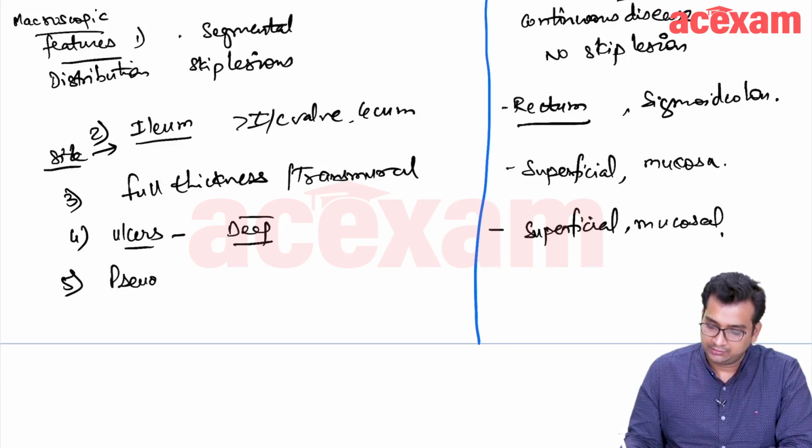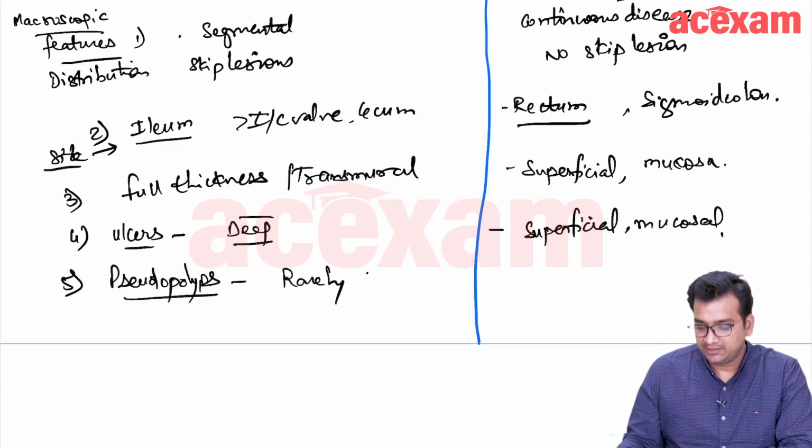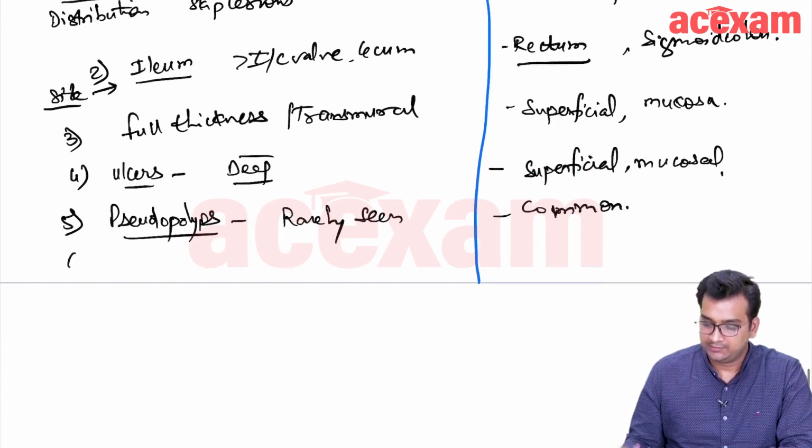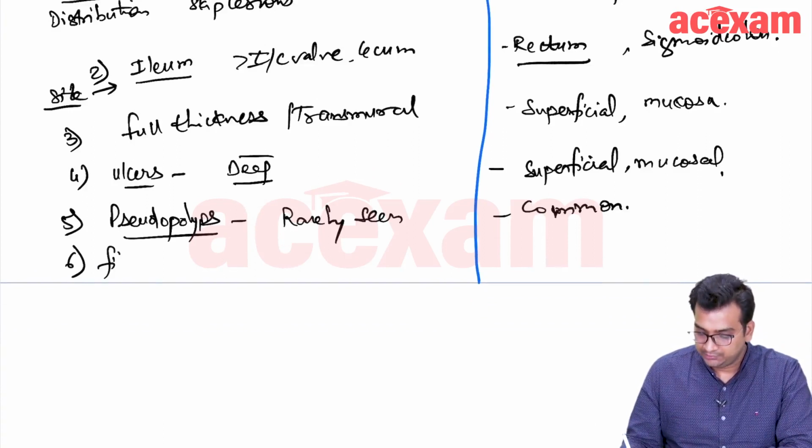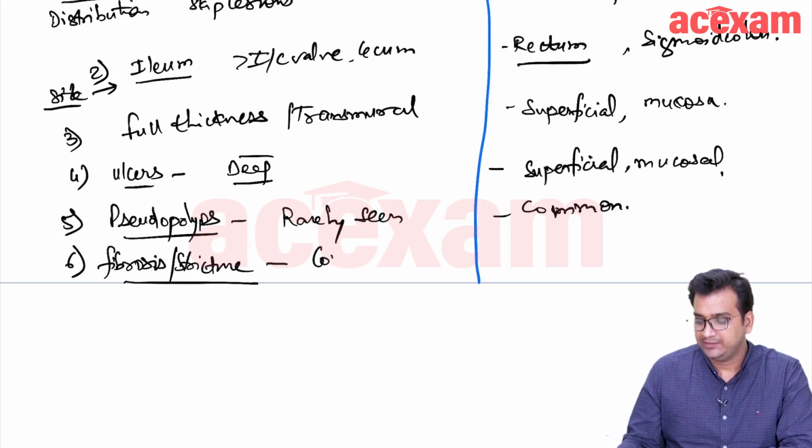Next, pseudopolyps are seen in Crohn's disease but are rarely seen; here in ulcerative colitis it is common. Then in Crohn's disease, fibrosis or stricture formation is common.